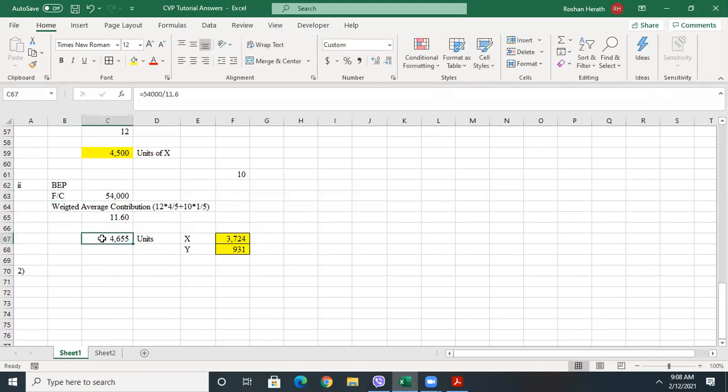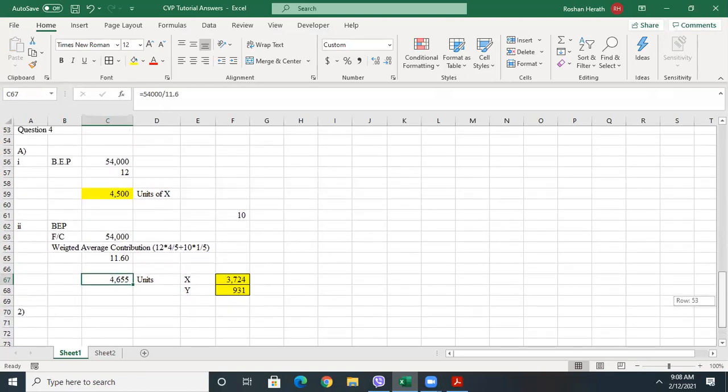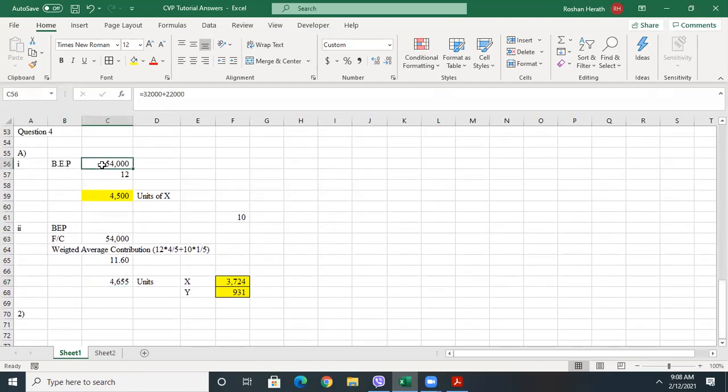In order to get this unit, usually if it is a single product, it is simply the fixed cost divided by the contribution per unit. But here we have more than one product. If that is the case, the contribution has to be the weighted average contribution. And how do you take that? You simply refer to the sales mix or the product mix.